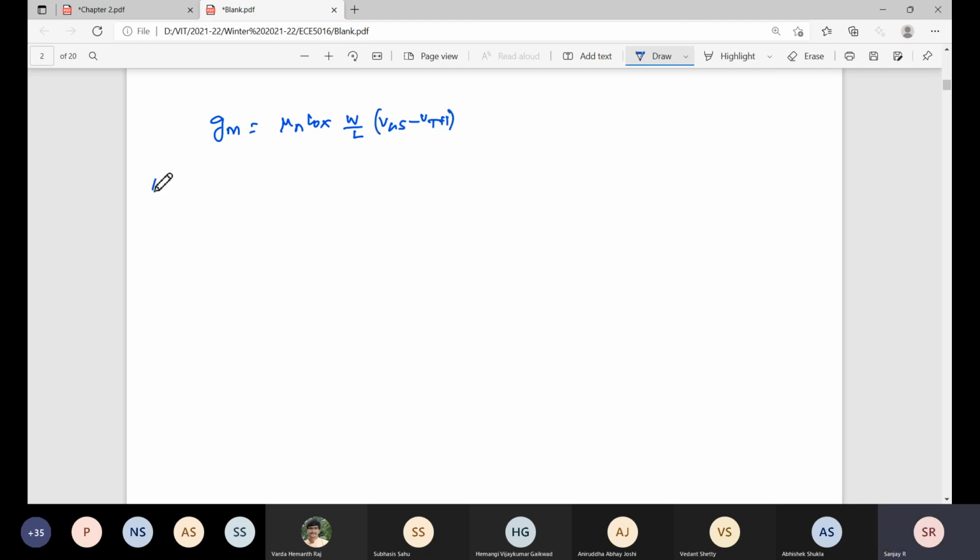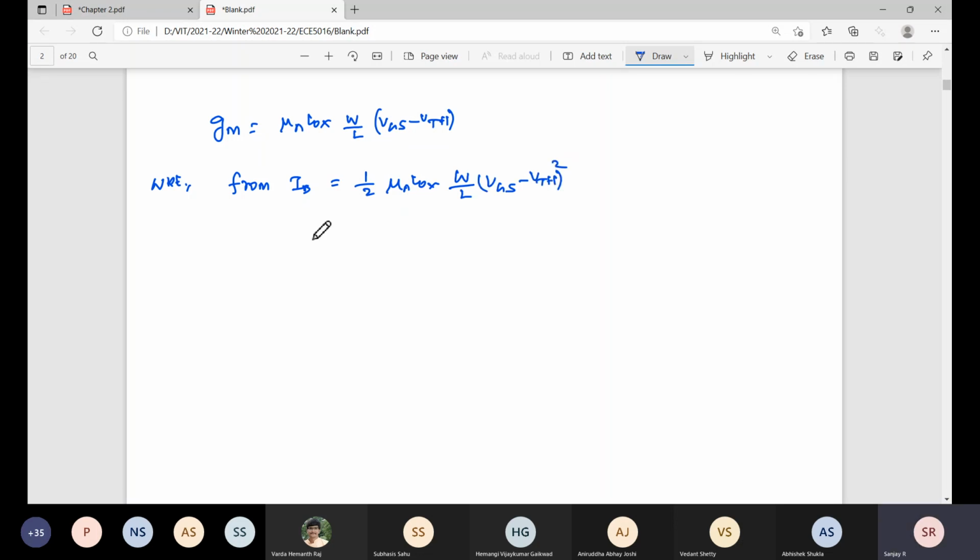We know that ID equals half mu n Cox W by L (VGS minus VTH) whole square.